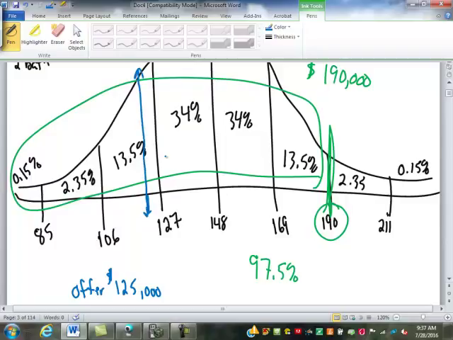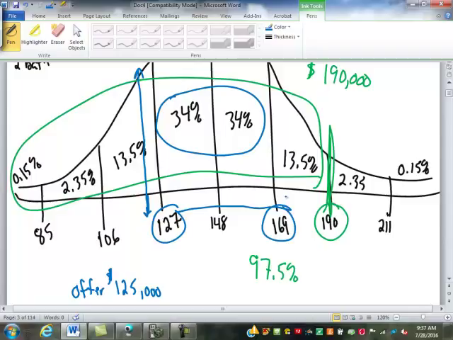You said you figured your house was middle of the road. 68% of them, 34 plus 34 makes 68%. The middle 68% of 3-bedroom, 2-bathroom houses in that area sell between $127,000 and $169,000. If I thought my house was middle of the road, I would not accept anything below $127,000, because my house is definitely in the middle, 68%. So that $125,000 offer is out the window to me. Does that make sense?